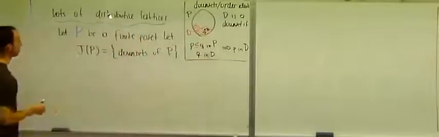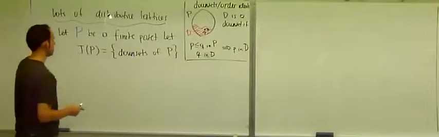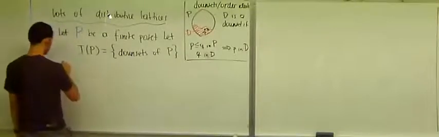Those are the downsets. I consider them all possible downsets of P. And let me order them by containment.